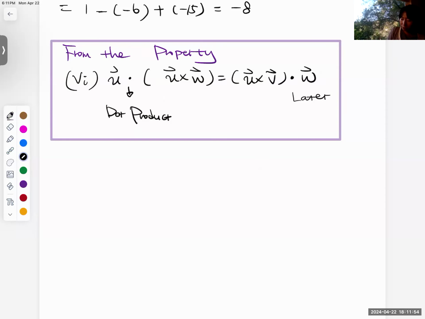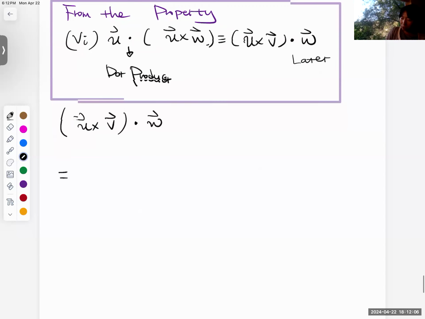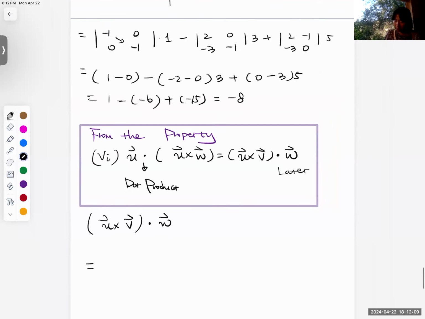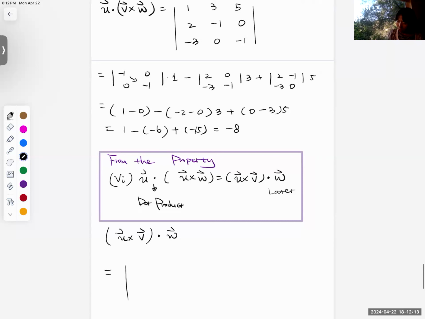Check that. Cross product of U and V and dot product of W, right? Okay, now I need a number. 2, -1, 0, -3, 0, -1. Oh, no, no, no. U cross V. Okay, sorry about that. U cross.